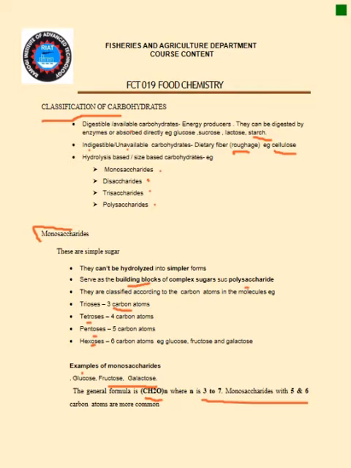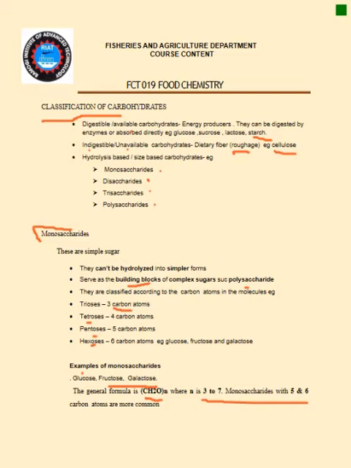The examples of monosaccharides are glucose, fructose, and galactose. Those are examples, so don't confuse the classes of monosaccharides with examples of monosaccharides. Classes include trioses, tetroses, pentoses, and hexoses, and this classification is based on the number of carbon atoms that they contain.